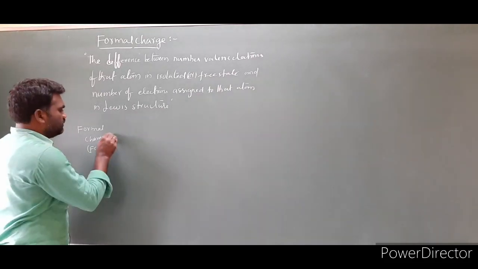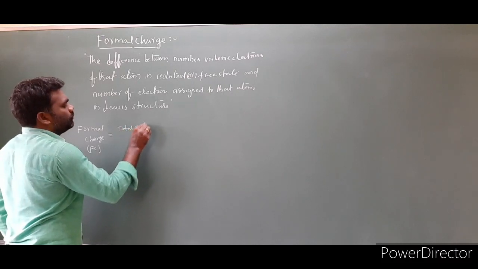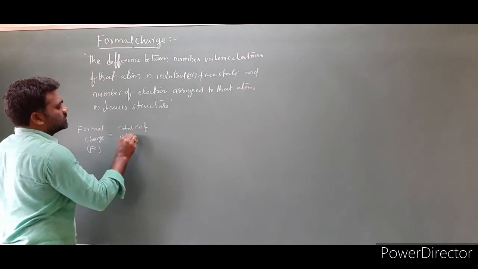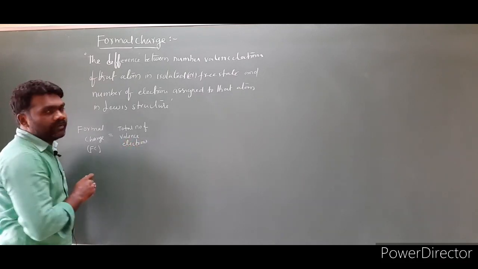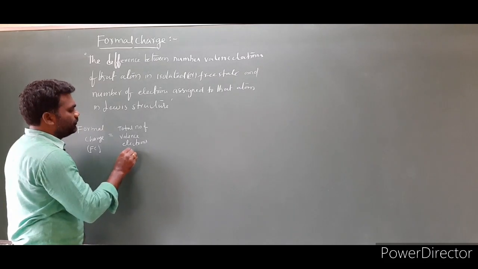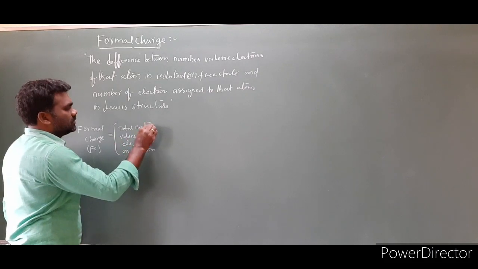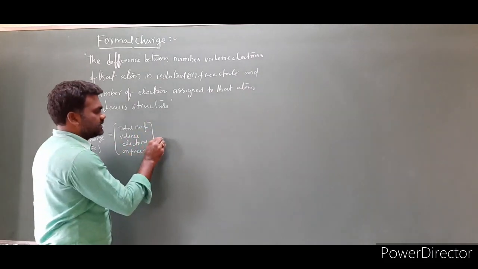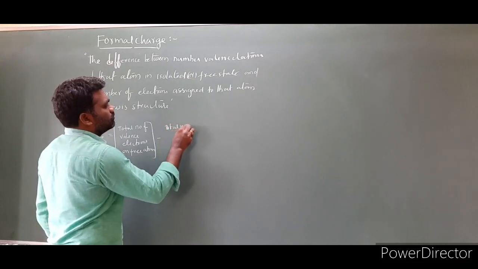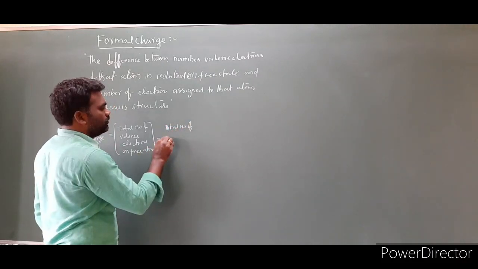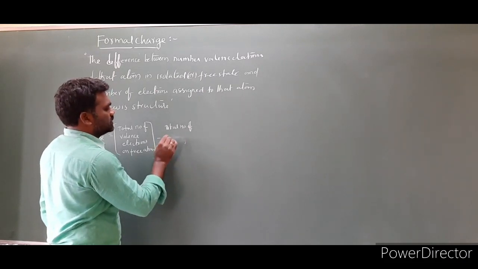The formal charge of an atom is equal to the total number of valence electrons on a free atom, minus total number of non-bonding pair electrons.